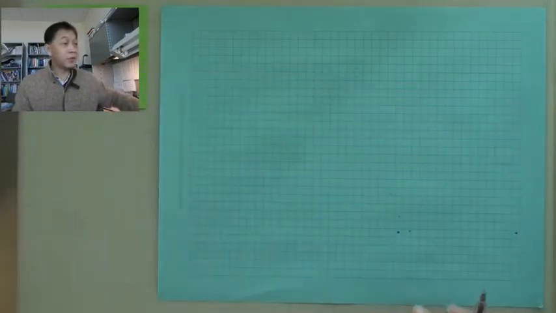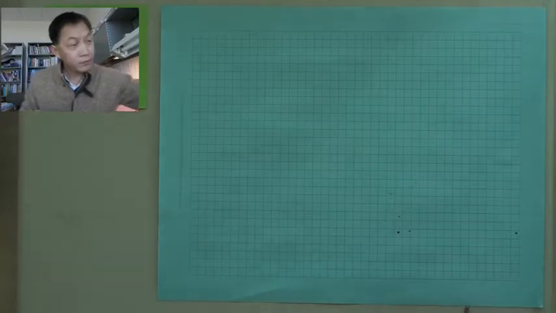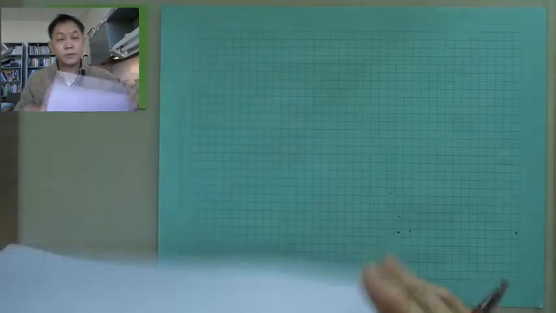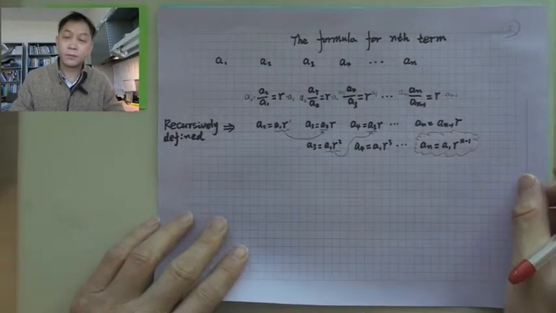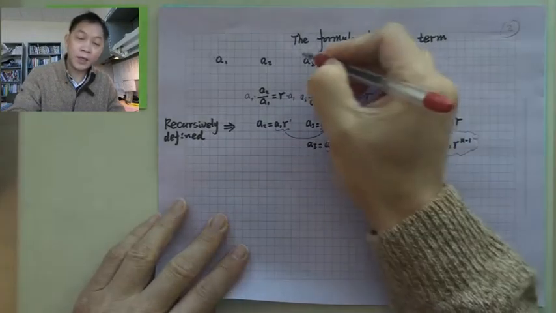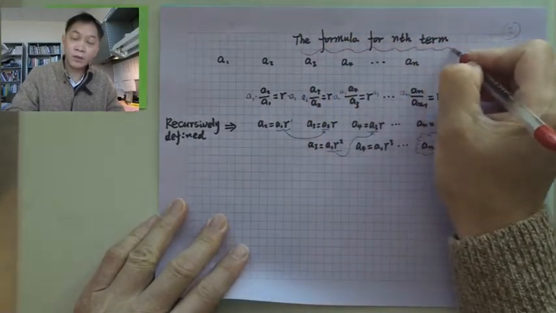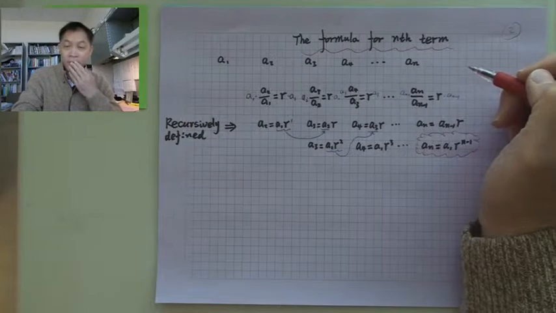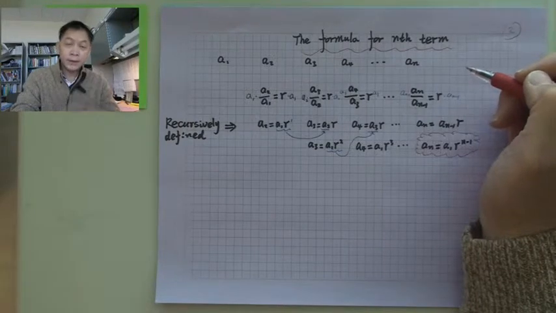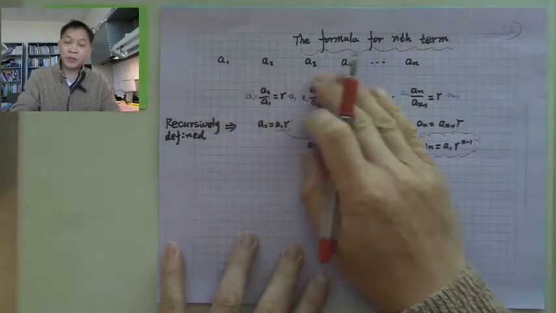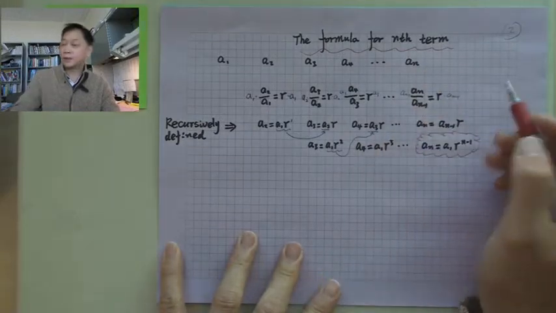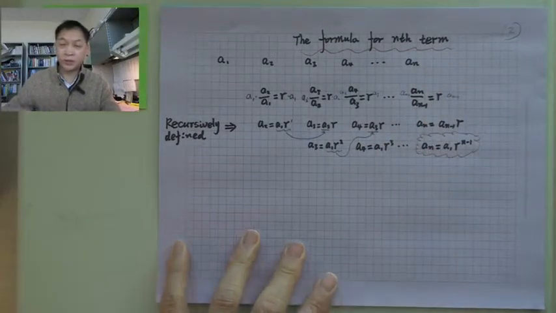Now, let's look at the formula for the nth term. Let's assume this is a geometric sequence. You may write geometric sequence here.